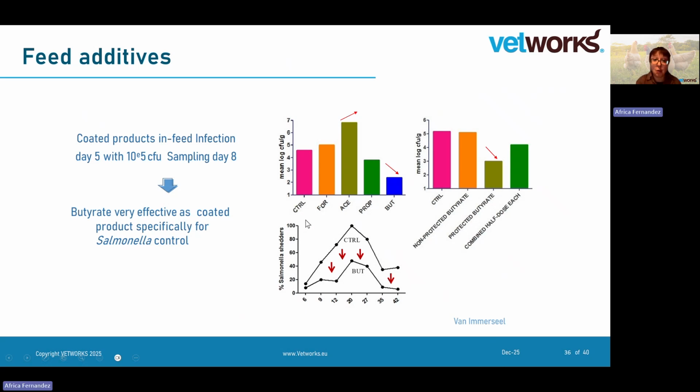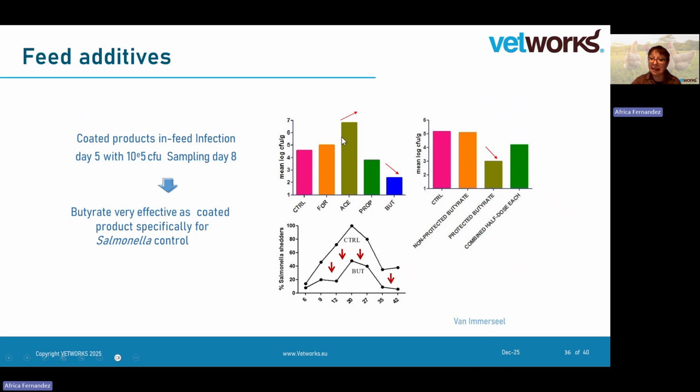The birds were given, first the controls, no acid, another group formic acid, acetic, another group propionic, and the fifth group butyric.